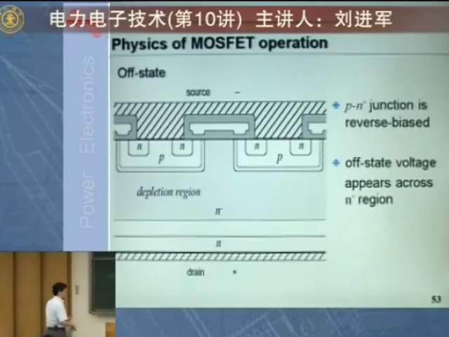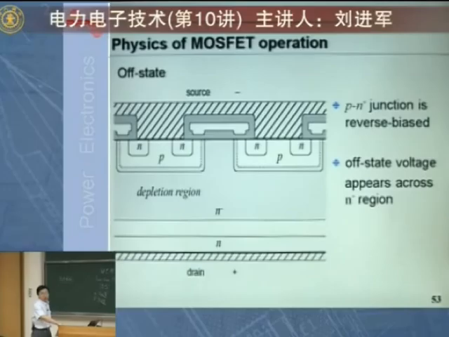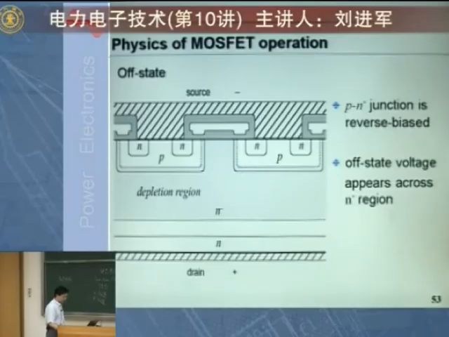The operation principle is similar to what you learned before in analog electronics. When you do not apply positive voltage between G and S, let's see. This is the G, this is the gate. Pay attention, this is the gate.